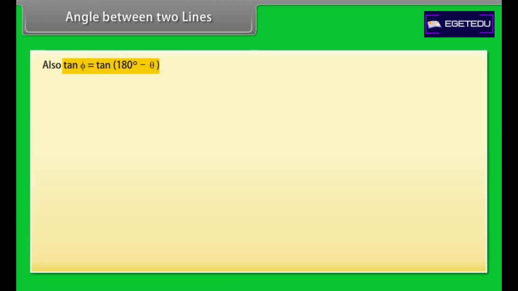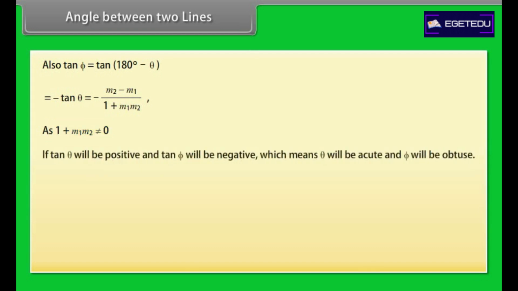Also, tan phi = tan(180 degrees - theta) = -tan theta = -(m2 - m1)/(1 + m1 m2), as 1 + m1 m2 is not equal to 0. If tan theta is positive and tan phi is negative, which means theta will be acute and phi will be obtuse.